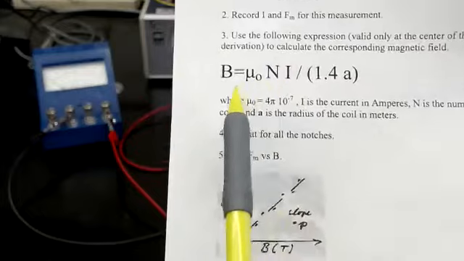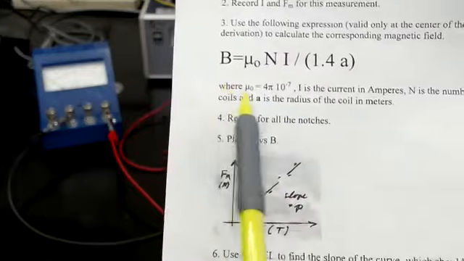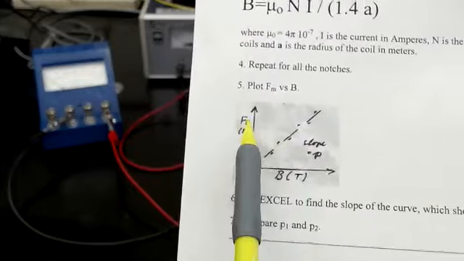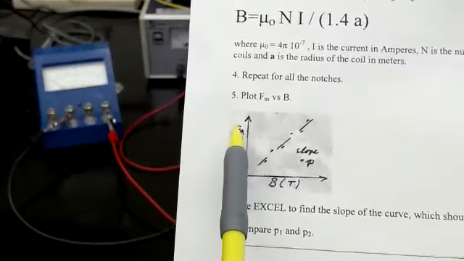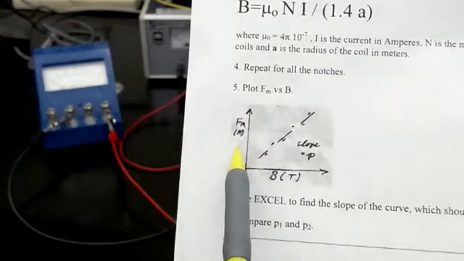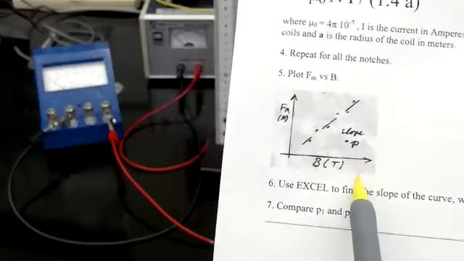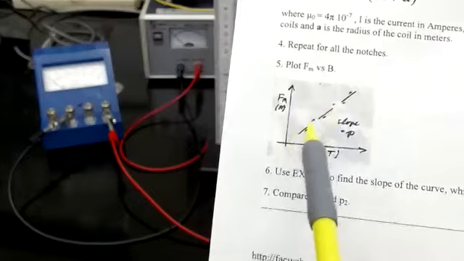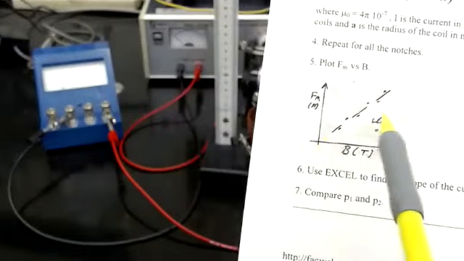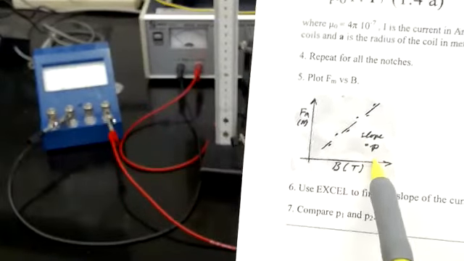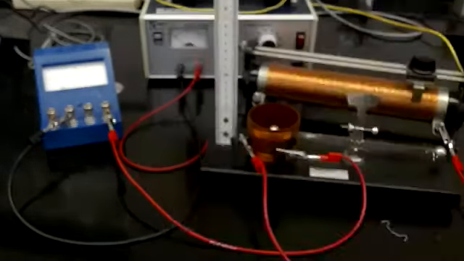Then you're going to plot the magnetic force as you computed earlier against the magnetic field strength. You should get a fairly straight line, the slope of which will be equal to P, the magnetic charge.